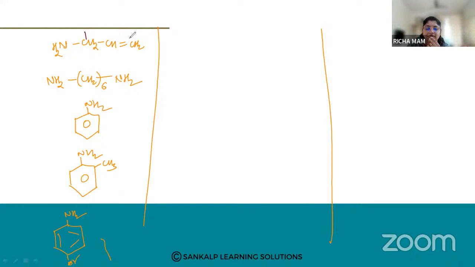You have an allyl system, very important. Mark this as important. The common name is allylamine. The IUPAC name is what? So 1, 2, 3. So it is prop-2-en-1-amine. So this is the name.